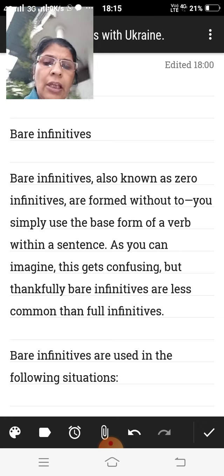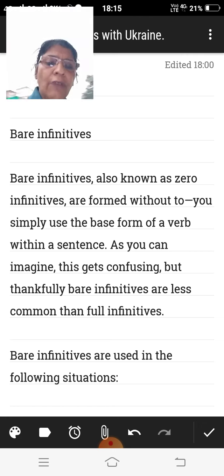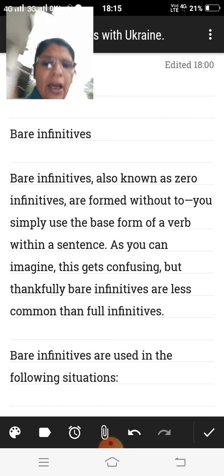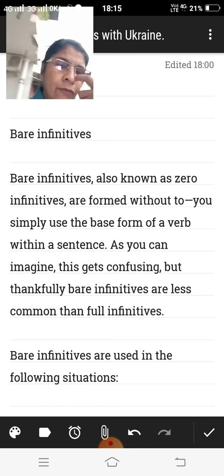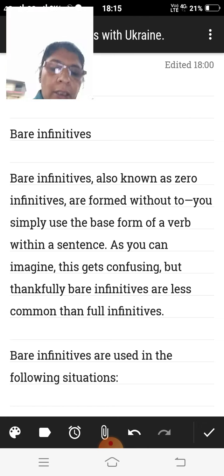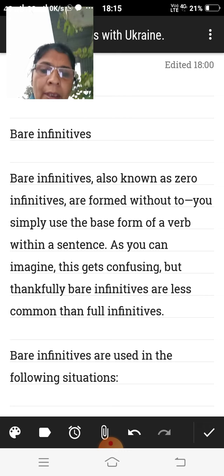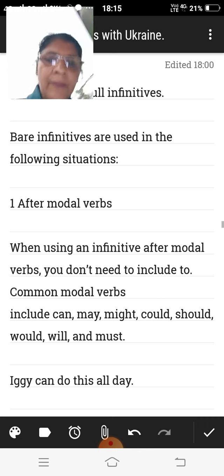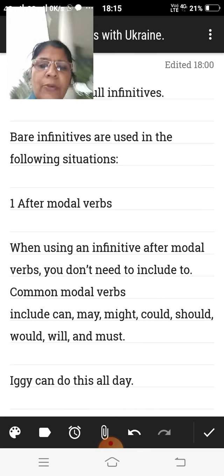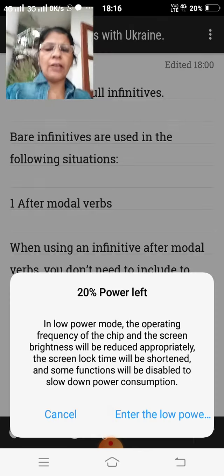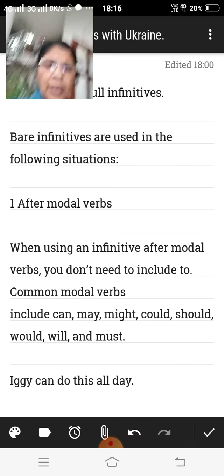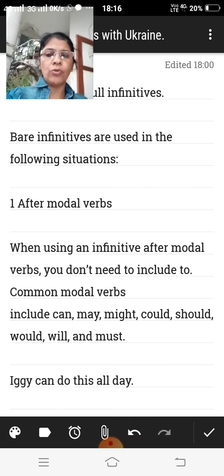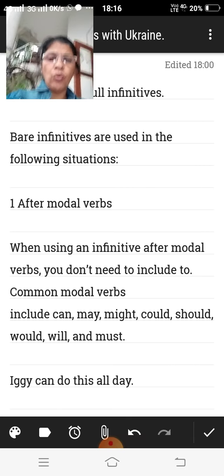As you can imagine, this gets confusing, but thankfully bare infinitives are less common than full infinitives. Bare infinitives are used in the following situation. After modal verbs. When using an infinitive after modal verbs, you don't need to include to.